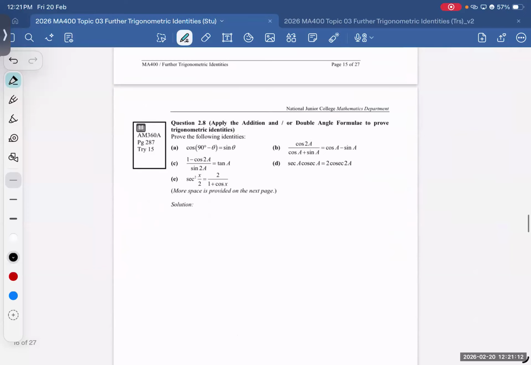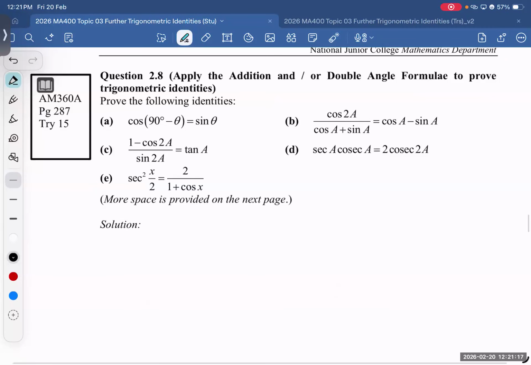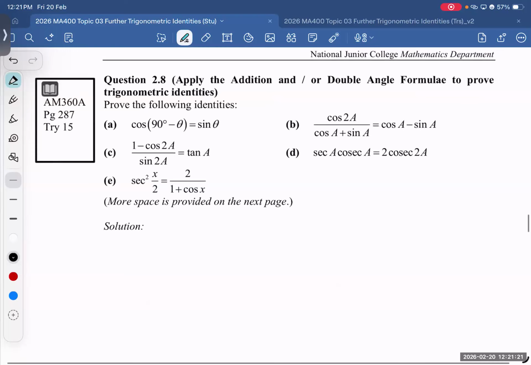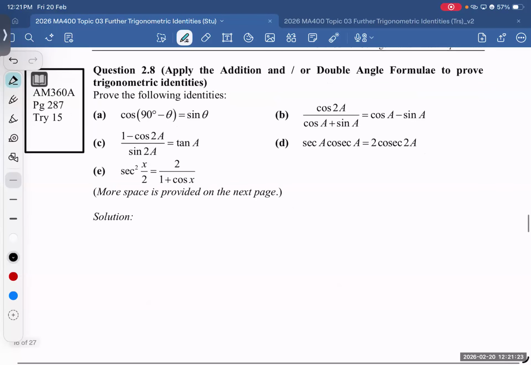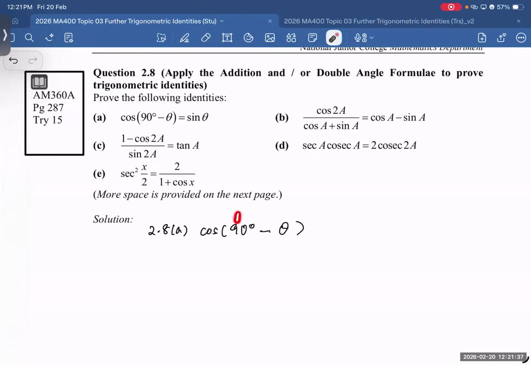Okay, next I go to question 2.8. Does 2.8 bother anyone? Not there yet. Oh, 2.8. Which question? Okay, so let's say I start with A. Proving, remember, you make use of all the formulas that you have. So I go to 2.8a. Cosine 90 minus theta. I just need to think of this as A. I think of this as B. Right?